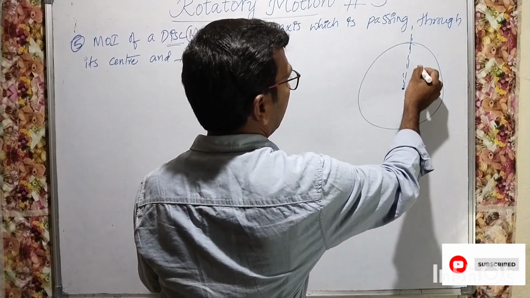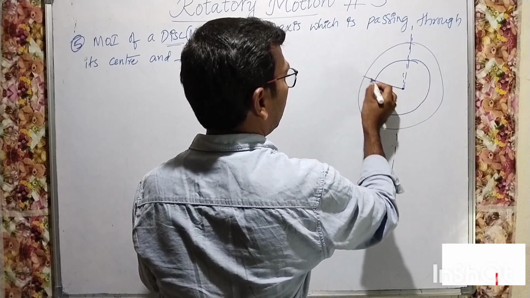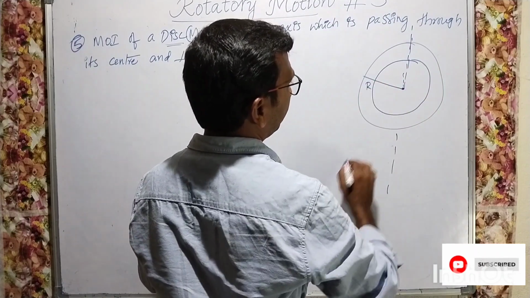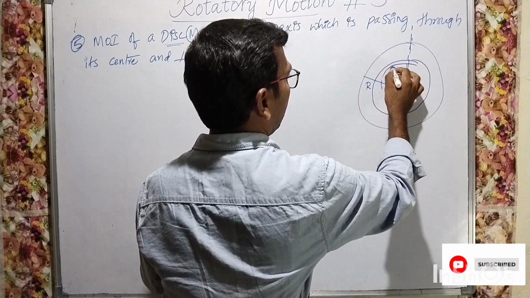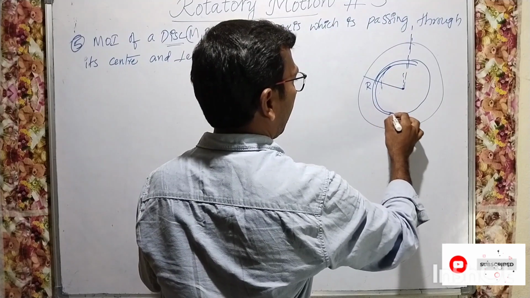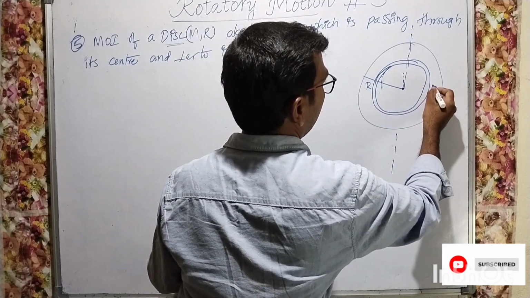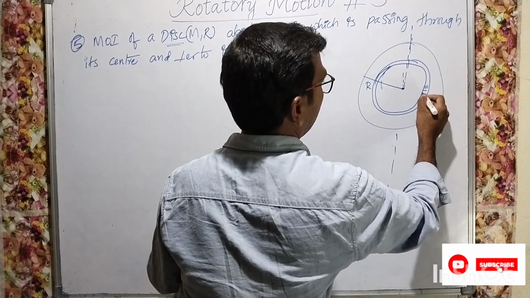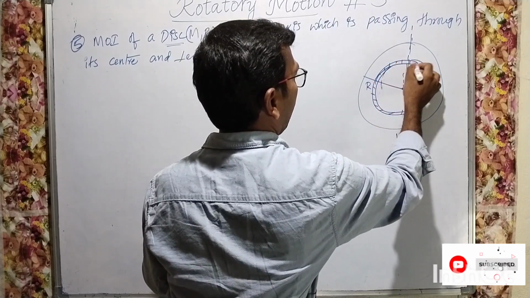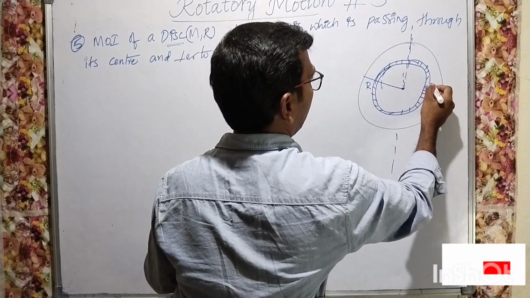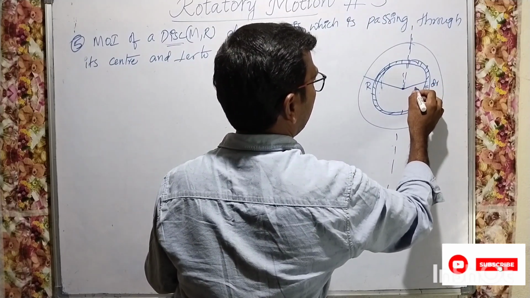You can consider a small element of a ring. The radius of the disk is R, the thickness is dr, and the distance from the axis is r.